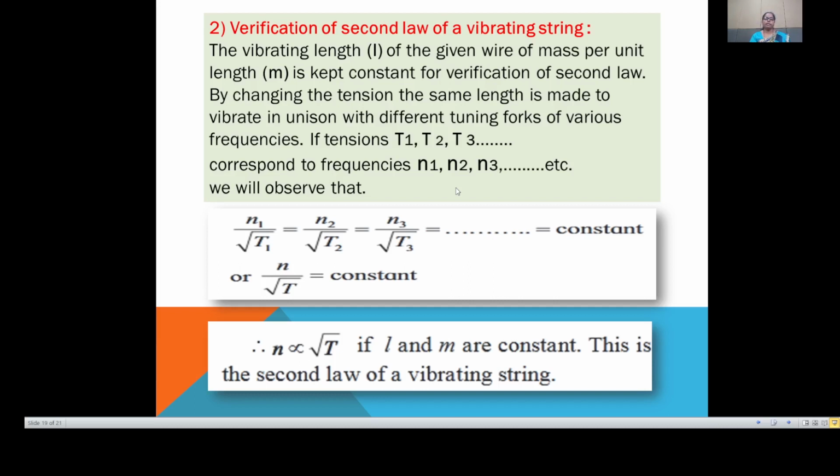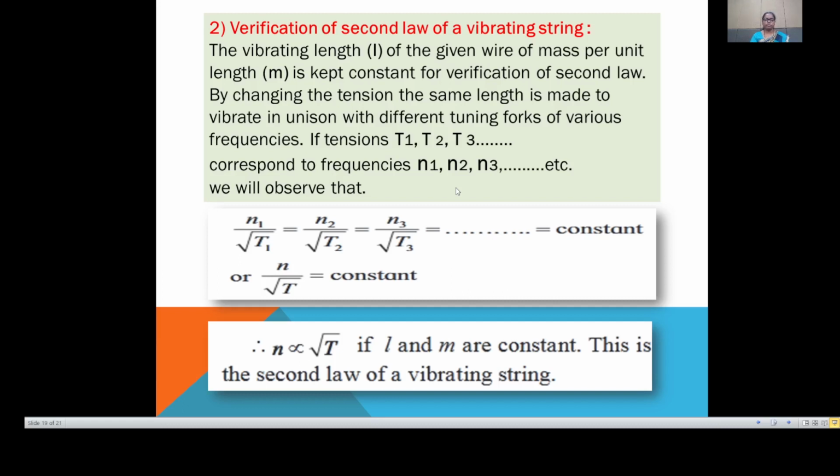If tensions T1, T2, T3 correspond to frequencies N1, N2, N3 and so on, we will observe that N1 under root T1 is equal to N2 under root T2 is equal to N3 under root T3 is equal to constant, or N upon square root of T is equal to constant.